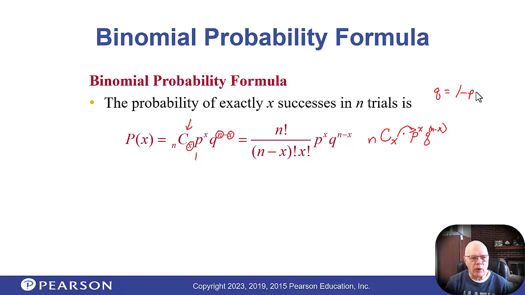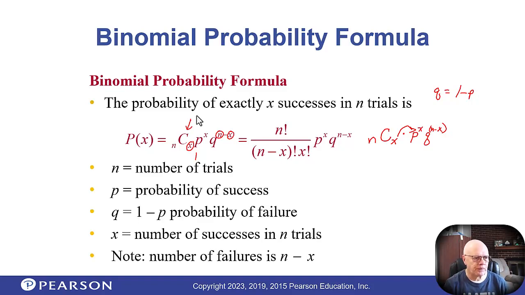However, we have an easier way of doing this. So remember what these things represent. N is number of trials, P probability of success, Q probability of failure, X the number of successes we are interested in those N trials.